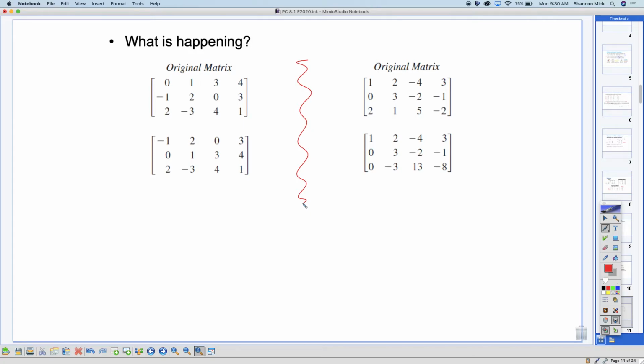Can you read those numbers? Those are kind of small. Okay. 0, 1, 3, 4, negative 1, 2, 0, 3, 2, negative 3, 4, 1. The next matrix is negative 1, 2, 0, 3, 0, 1, 3, 4, 3.